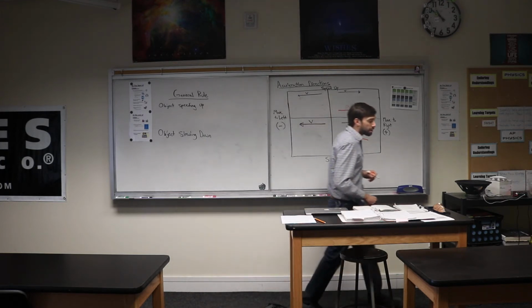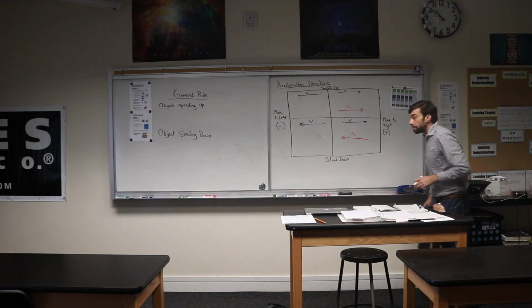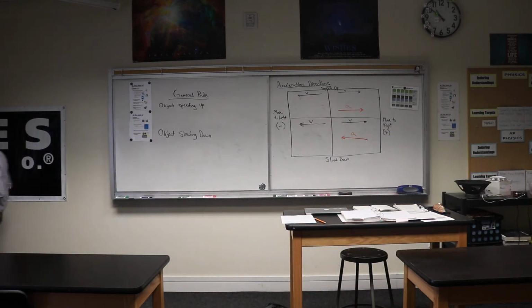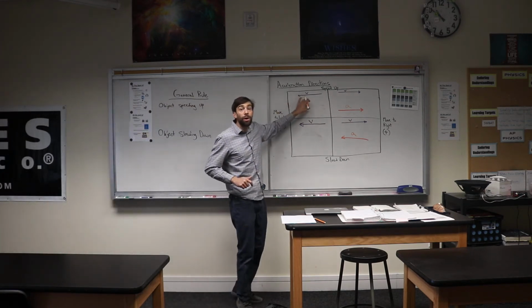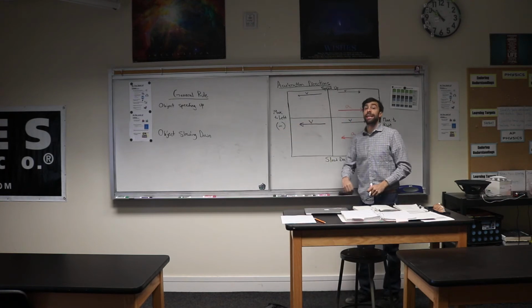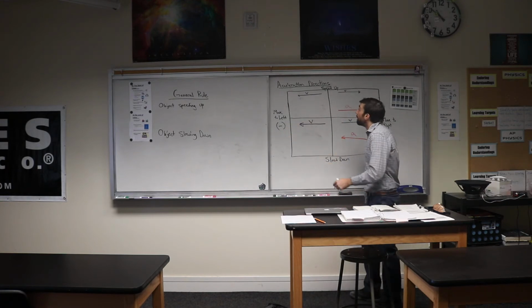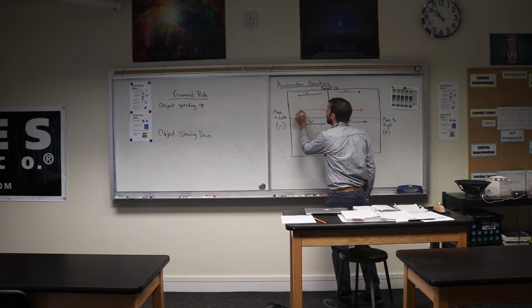Now, what happens when I'm moving this direction? Well, if I'm moving this way and I start speeding up, my velocity points in the direction that I'm moving, so it's to the left, or in the negative direction. And if I'm speeding up, my acceleration is also in that direction.